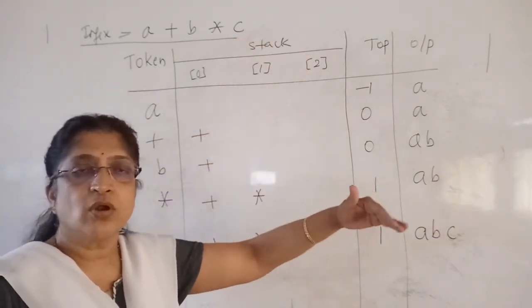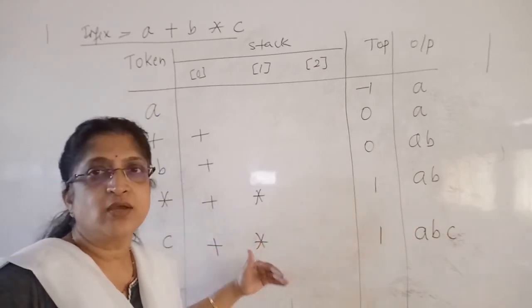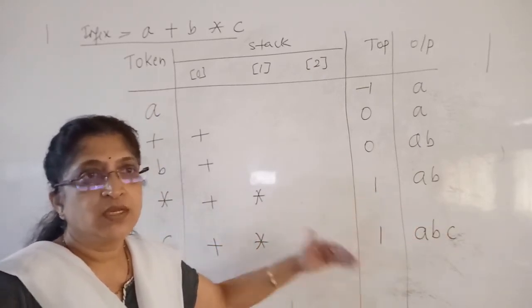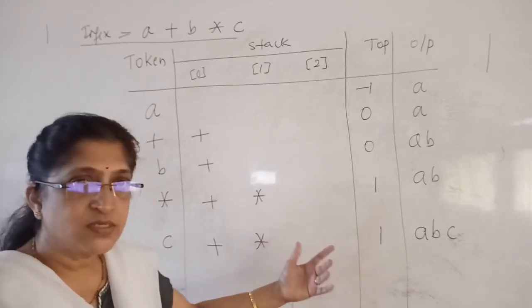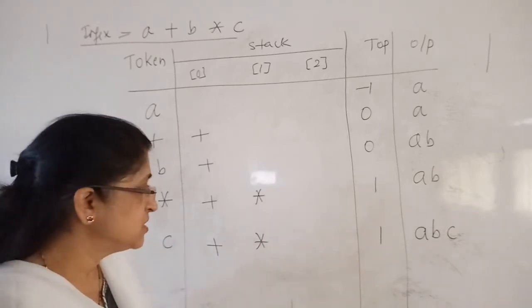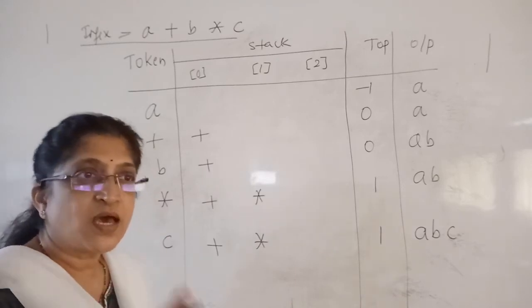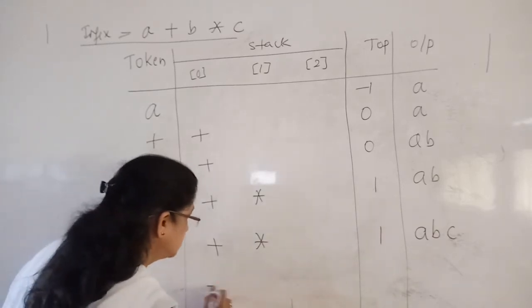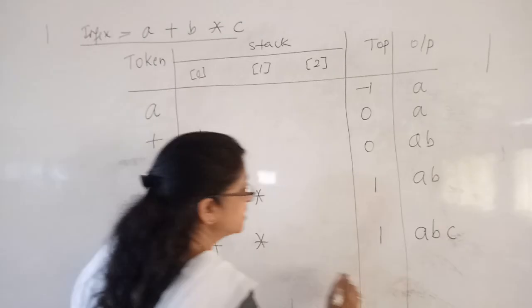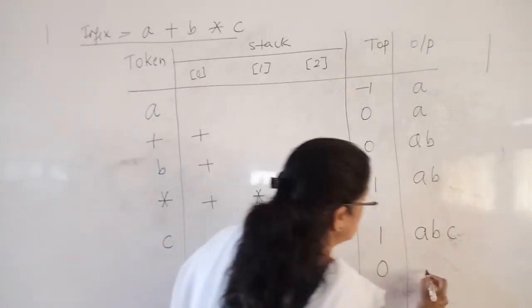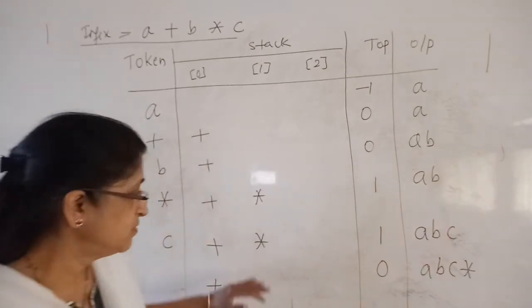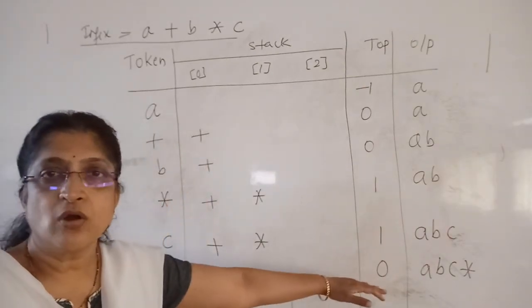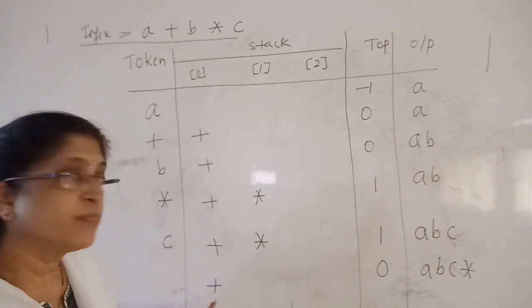Whatever is in the stack, go on popping it in LIFO order, of course. Since there are no other tokens, I pop star from the stack. Star is popped, top becomes 0, and the output is ABC star. So pop from the stack and add it to the output string. Now we have only plus left.